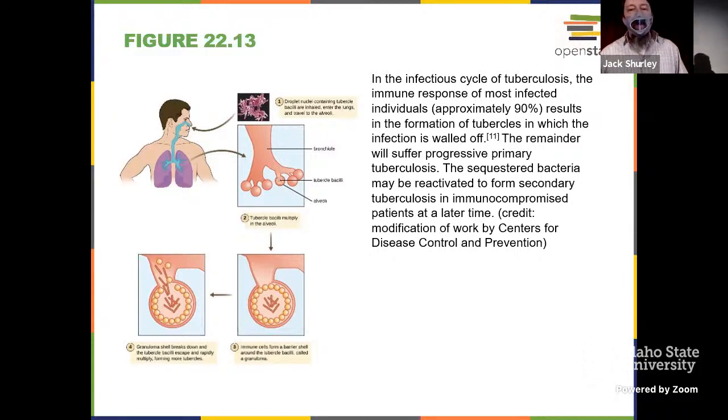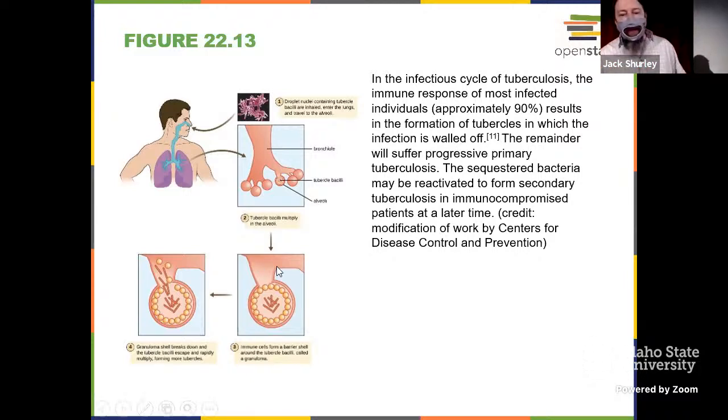Just depends. These guys are really pretty crazy with their potential to infect and evade our immune response. Here we can see these bacteria as they get in, colonizing within the alveoli, that's what we're looking at down here. Bacteria in there cause issues that stimulate an immune response, and we try to wall it off.